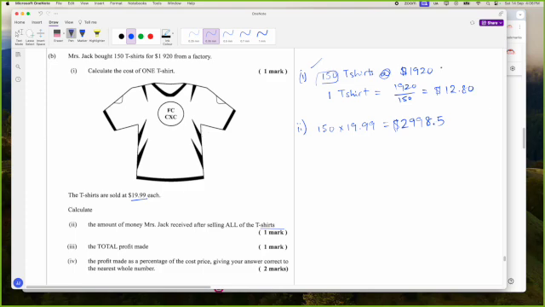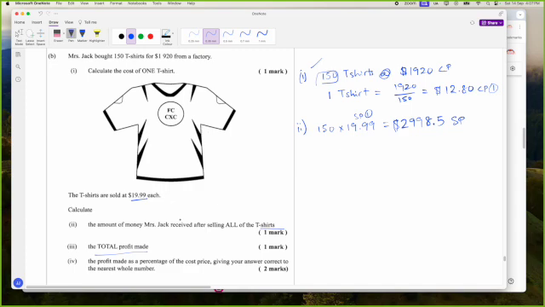So this is the cost price for all the t-shirts. This is the selling price for all the t-shirts. This is the cost price for one t-shirt. And this here is the selling price for one t-shirt.